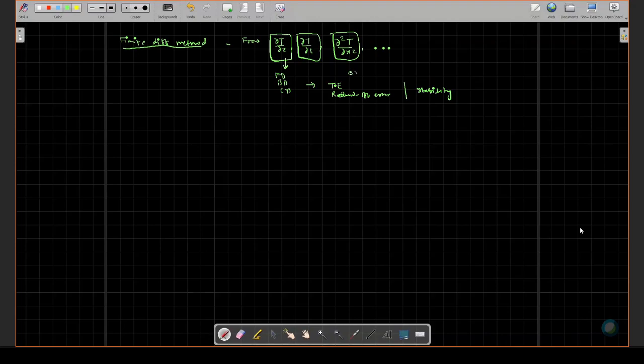So we have seen what type of errors there are. For example, we have seen the dissipation error, and then dispersive error, and we have seen the stability limits.